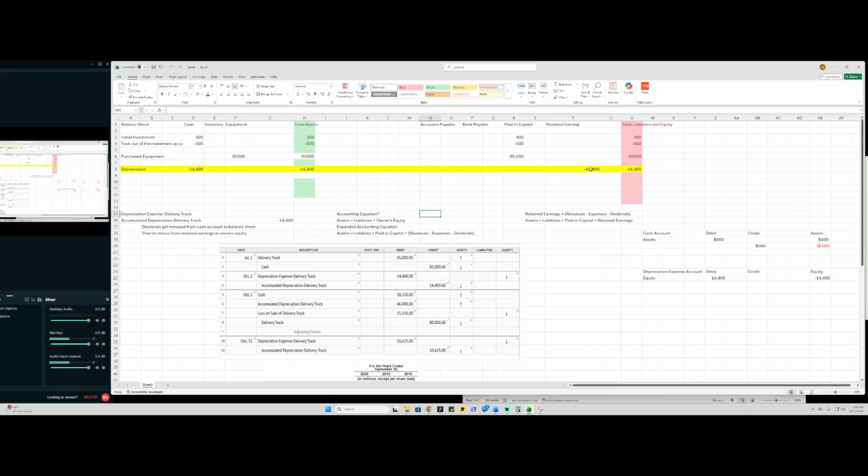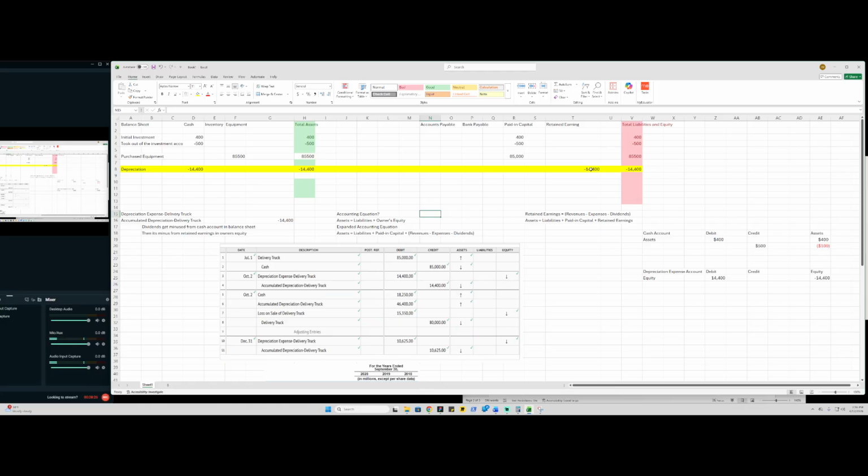Let me talk a little bit more about this. It's kind of hard to wrap your head around it. You have to get used to how the language of accounting works. You put that depreciation expense, and then you have the accumulated depreciation in total for that entire item, which lowers the asset in the asset column.